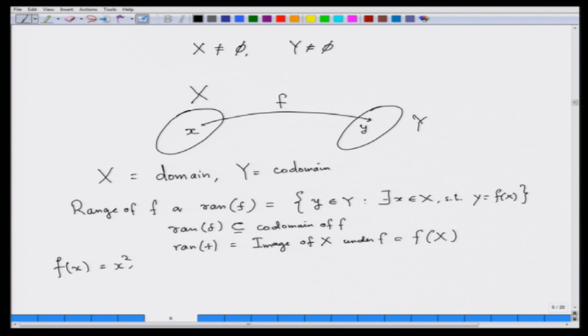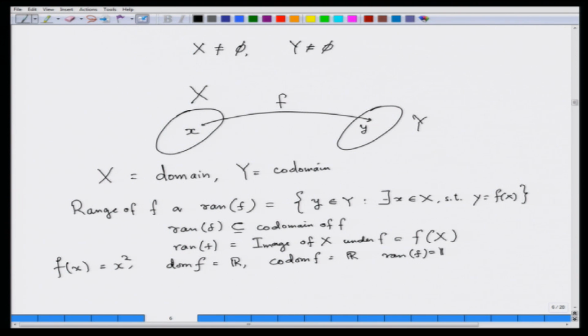So, if I take f x equal to x square, I can square any real number. So, the domain, which I now write in short form as dom f, is R, and the codomain of f, which I now write as codom f, is also R, but the range of f is not R, because it only gives me non-negative numbers.